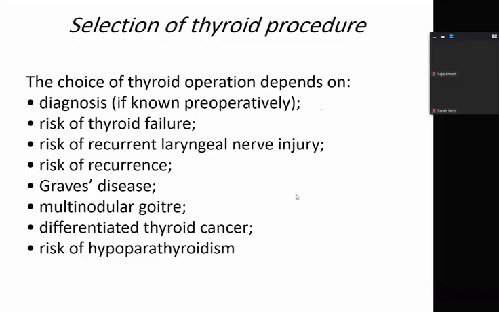Multinodular goiter we need total thyroidectomy. Graves need total thyroidectomy. Risk of recurrence اكيد total احسن. من نجي thyroid failure، recurrent laryngeal nerve، والريسك اوف hypoparathyroidism اكيد بالتوتال اكثر من السبتوتال.